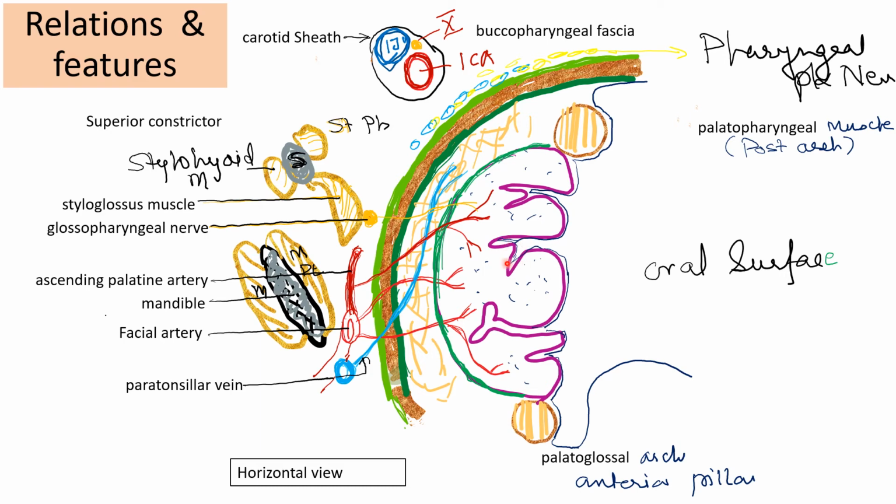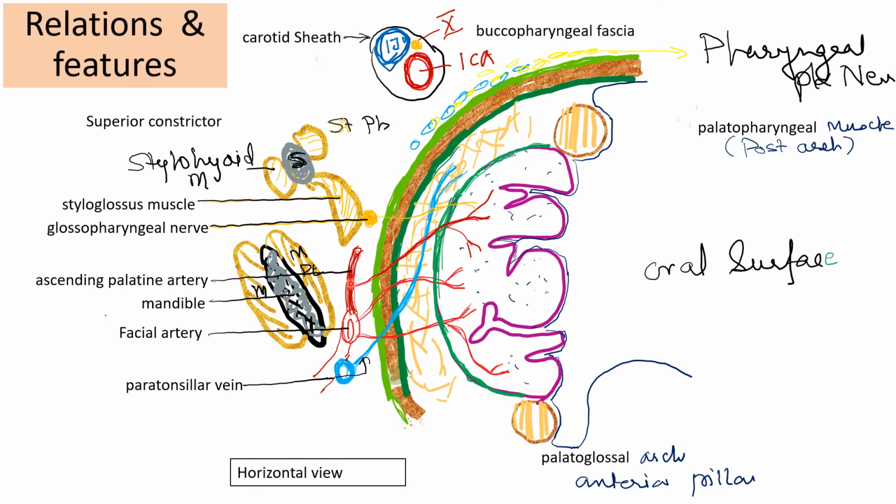Okay, so when the tonsil is removed, there are chances that we can damage this paratonsillar vein, which is taking some few tributaries from the soft palate also and running in the paratonsillar space, which is loose connective tissue. So this can get damaged. At the same time, if it is a poorly performed tonsillectomy, then it can damage the arteries.